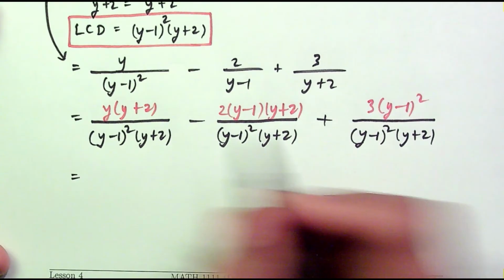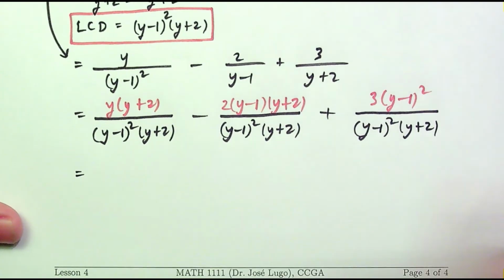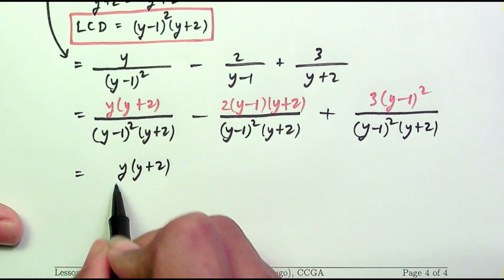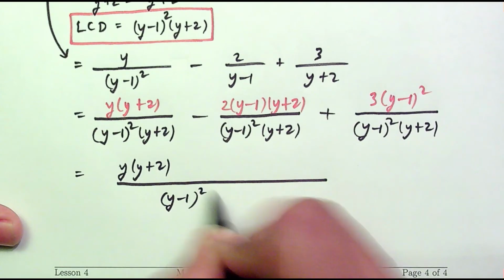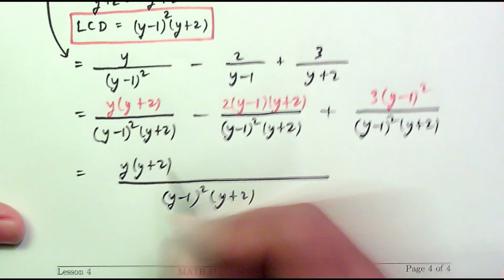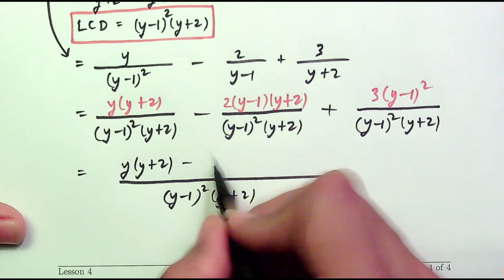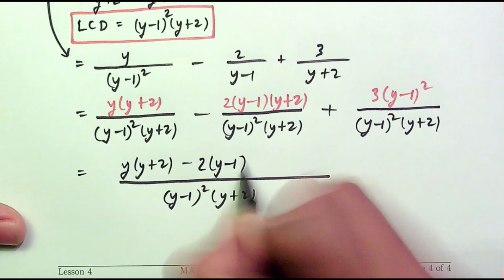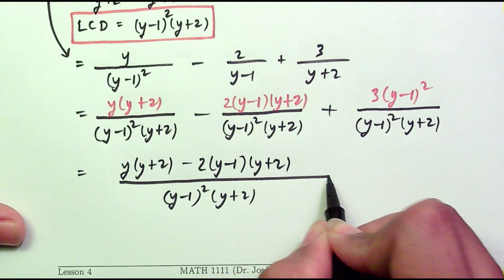Okay, so now we can write everything as a single fraction, and just worry about the numerator. So I'm just gonna copy this, and it's gonna take a minute to simplify this.